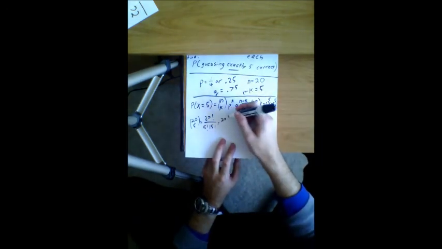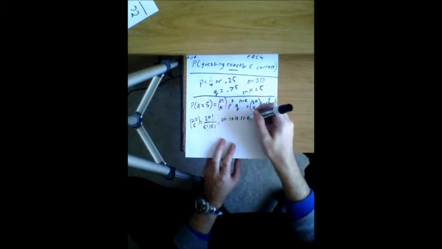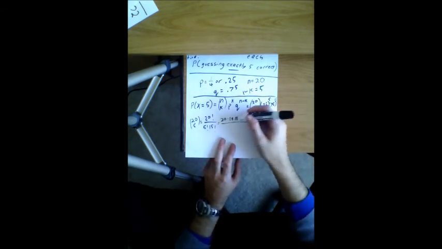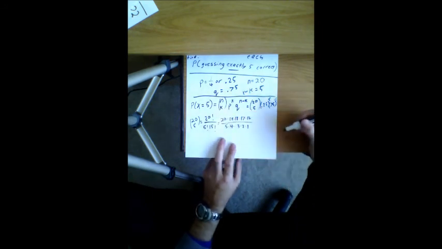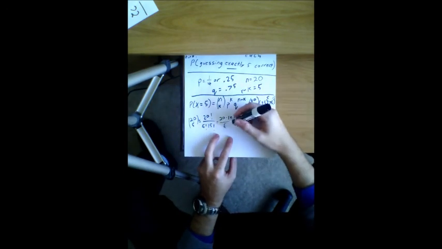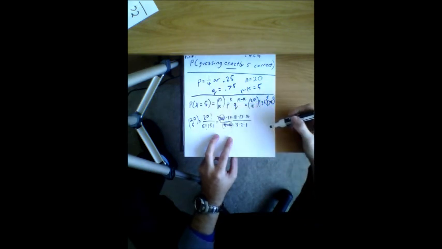This would be 20 times 19 times 18 times 17 times 16, and then the 15 factorials will cancel, all over 5 times 4 times 3 times 2 times 1. We can cancel a little further. For instance, 5 times 4 is 20, and we can cancel those out.